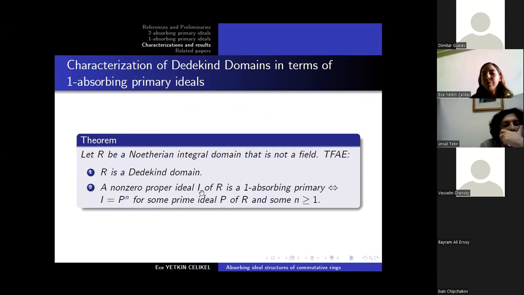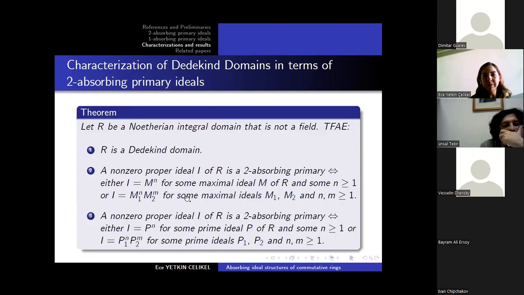If every proper ideal I is two absorbing primary if and only if it is of this type, then a Noetherian integral domain is a Dedekind domain. And the converse is also true.